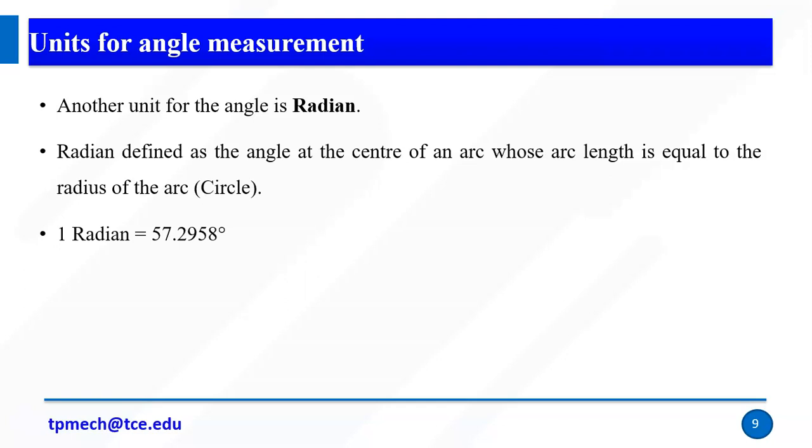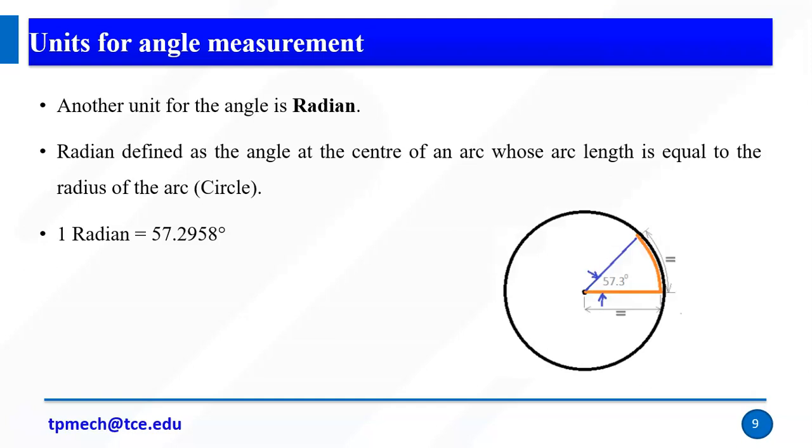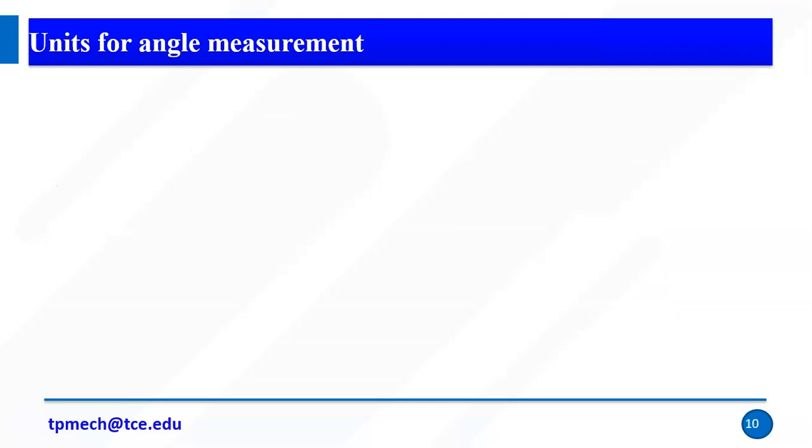So 1 radian equals 57.2958 degrees exactly, and we can say approximately 57.3.